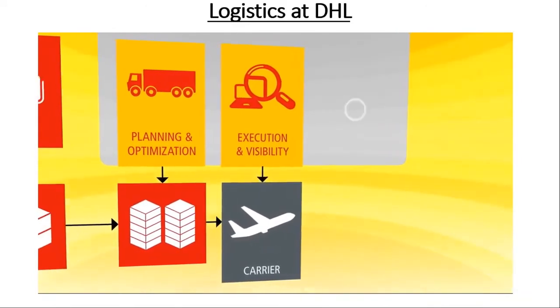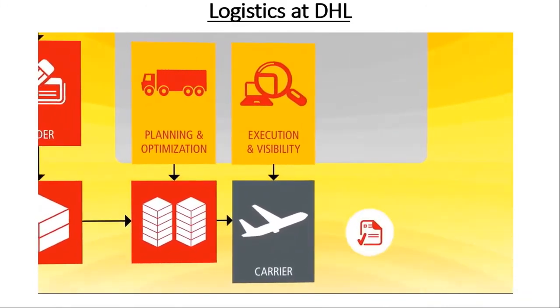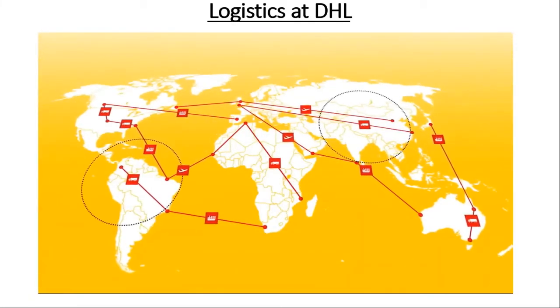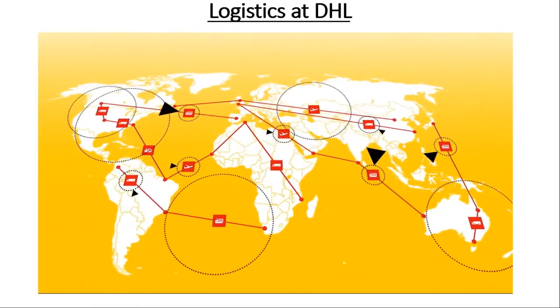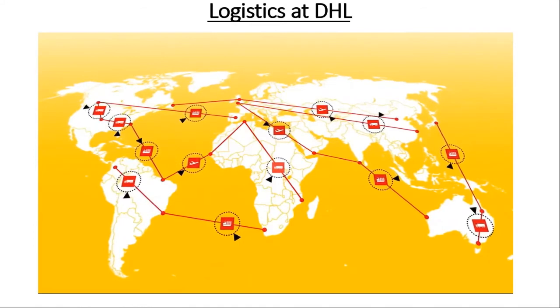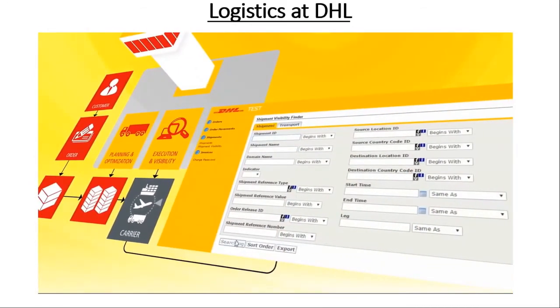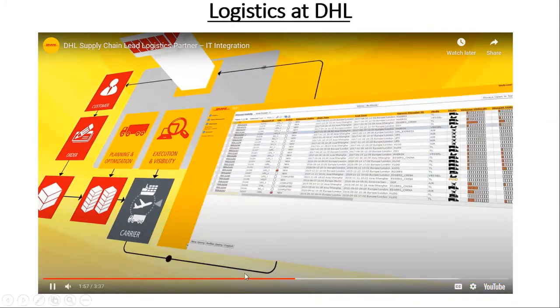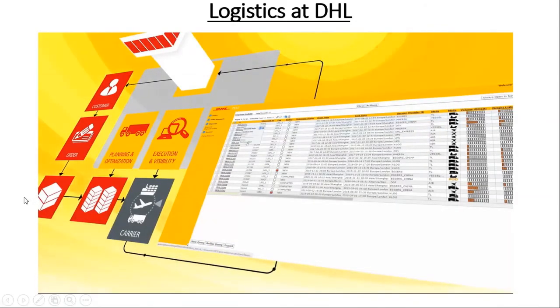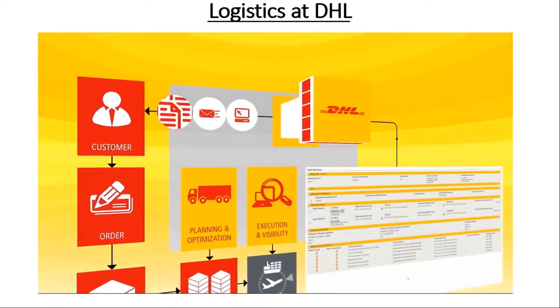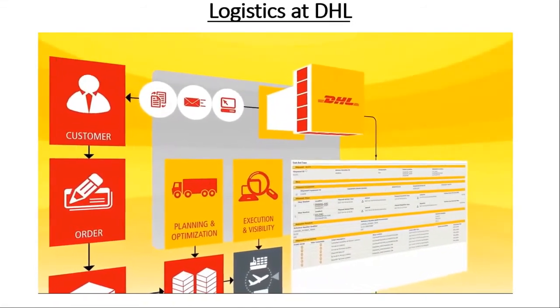Once the best option is identified, an automated booking is sent to the chosen carrier, who is part of an extensive independent global network. Throughout a shipment's journey, Track and Trace enables visibility of its progress, with milestone updates accessible to the customer either via a web-based visibility portal, email, or EDI alerts.